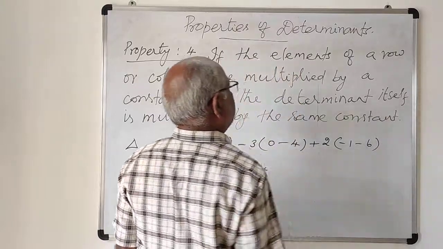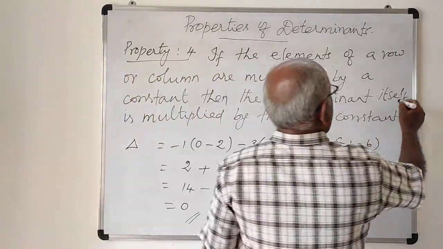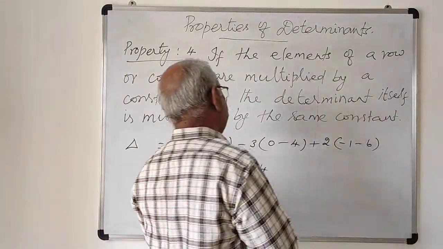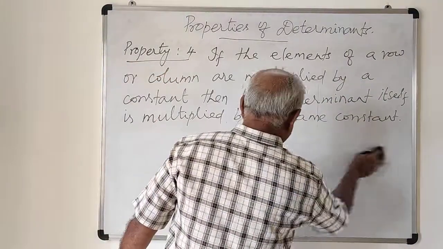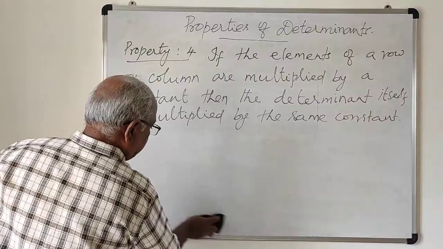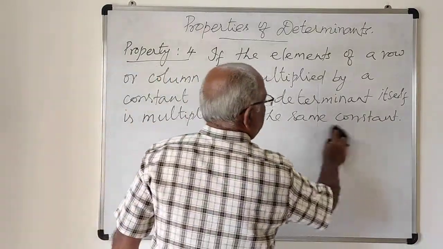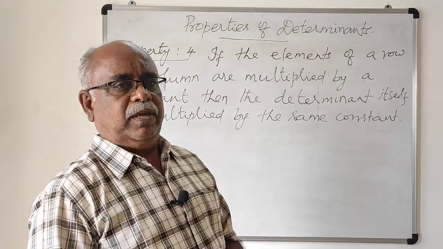That is the property. That is, if the elements of a row or column are multiplied by a constant, then the determinant itself is multiplied with the same constant.